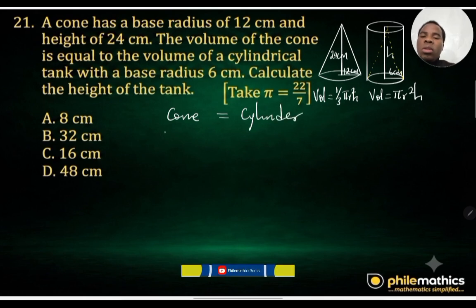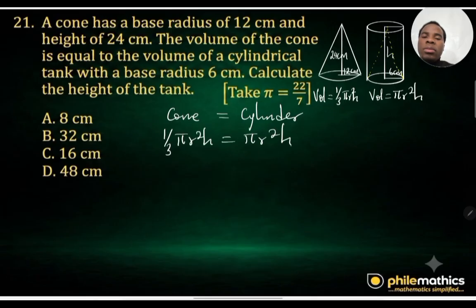So the volume of the cone is 1/3 pi r square h, and the cylinder is pi r square h. If you substitute, you have 1/3 times pi times radius of the cone, 12 square, and the height is 24.